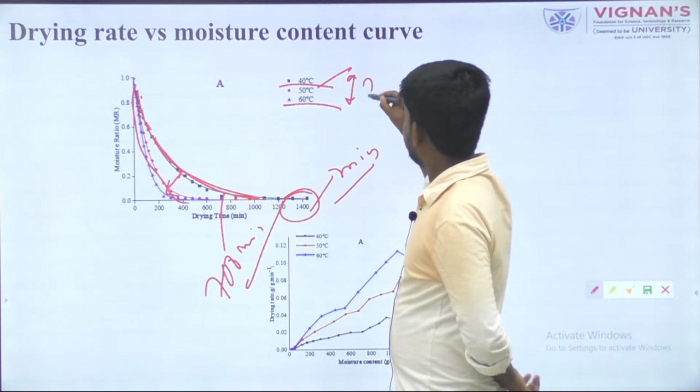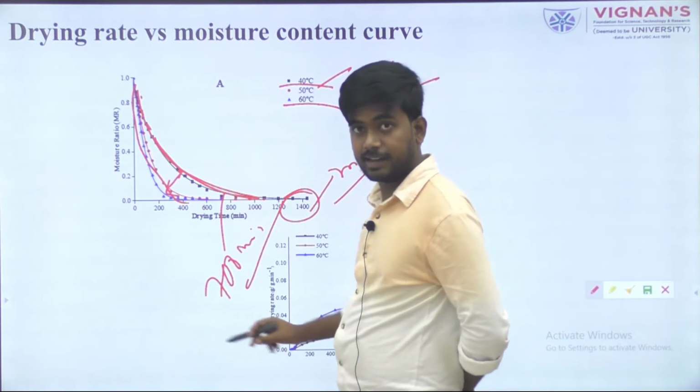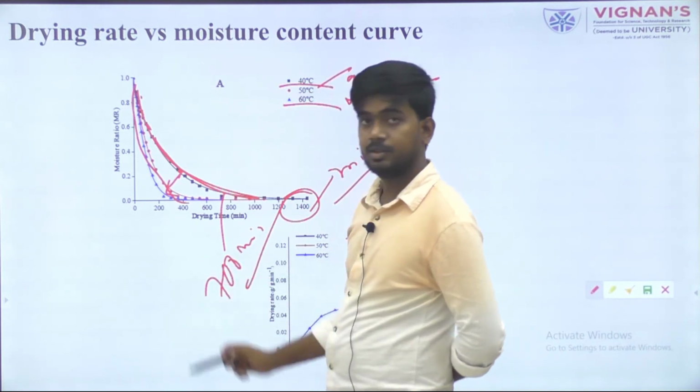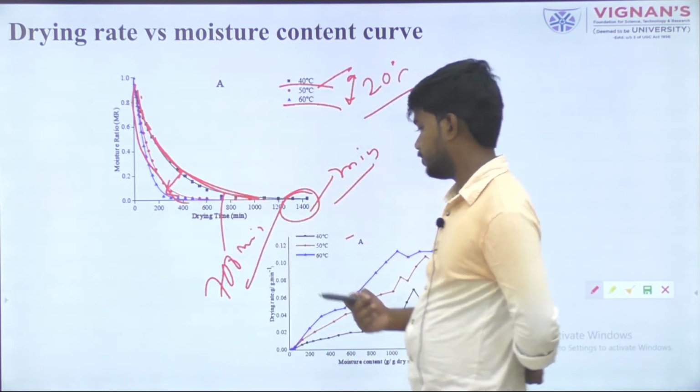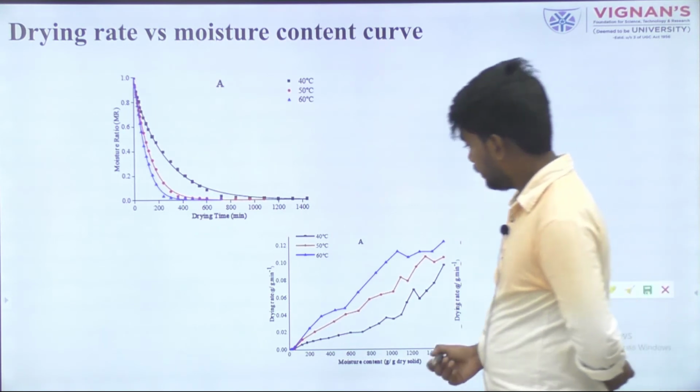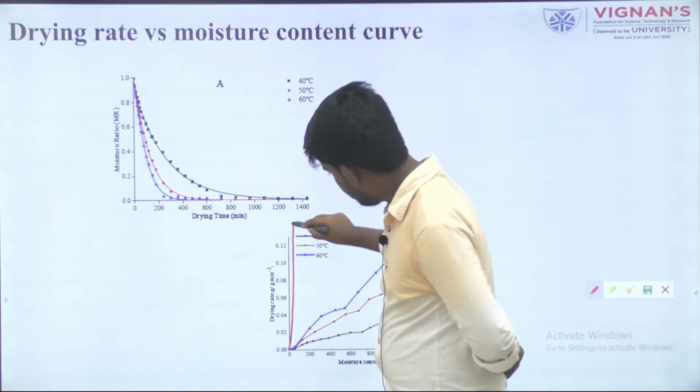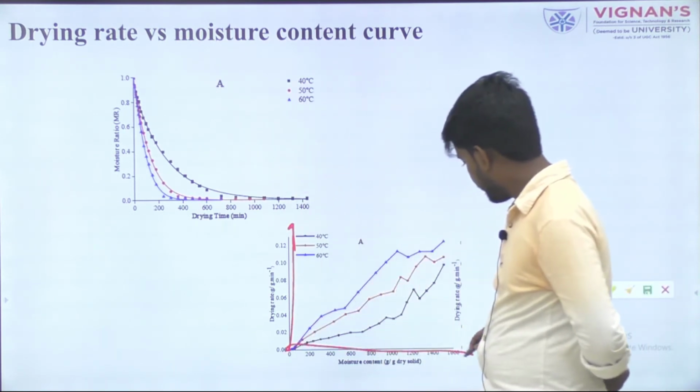A 20 degree temperature difference practically gives us double the time to reach the same moisture content of the food product.